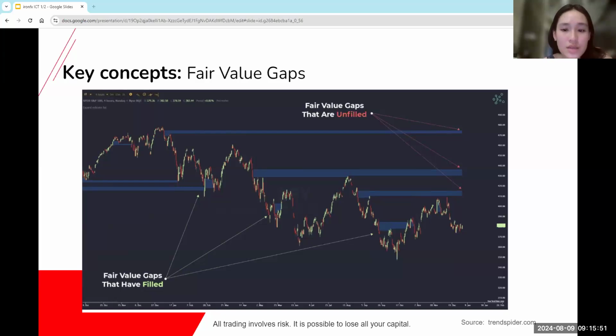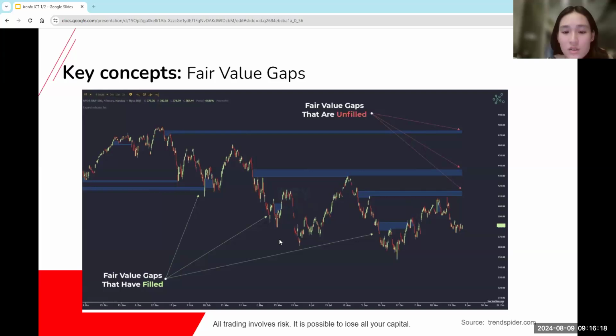Okay, so these imbalances, as we mentioned earlier, are basically a 3-candle sequence, right? If we look here, you can see the 3 candles. If we just look at the fair value gaps that have been filled, these are a 3-candle sequence containing one large middle candle, as you can see here.